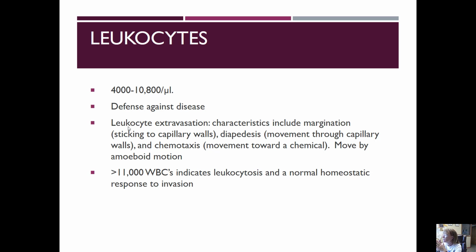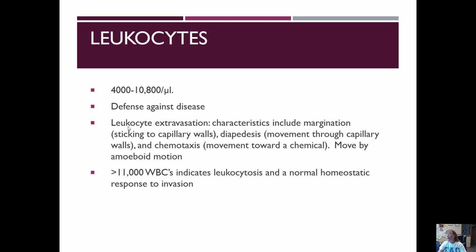I will post a video link. It's kind of cool how it happens. So then they'll change their shape, their cellular conformation, and then they'll go through diapedesis, where they slip through where the endothelial cells meet each other in the capillary wall, and then chemotaxis will happen, where they travel toward where the infection is, and then they move by amoeboid motion.